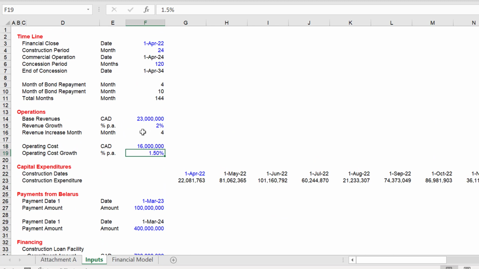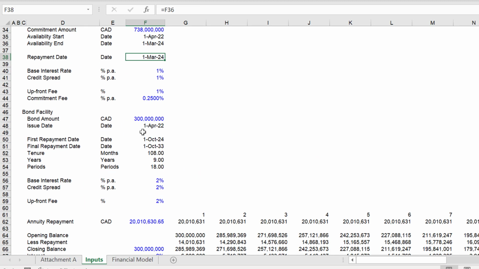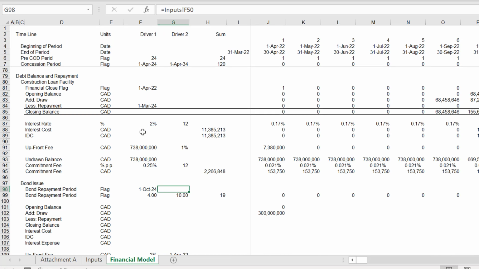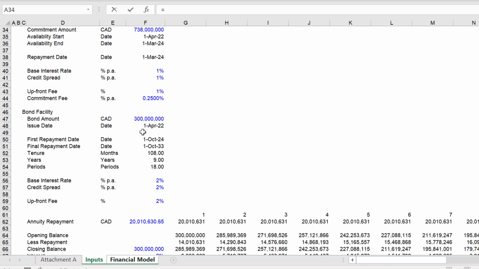I already thought about this a lot. It occurs 6 months after the issue, so we don't have this whole business. And then we put the end repayment down here.